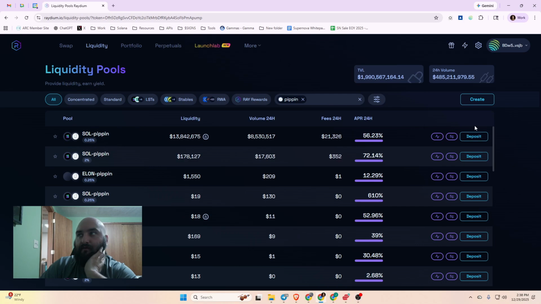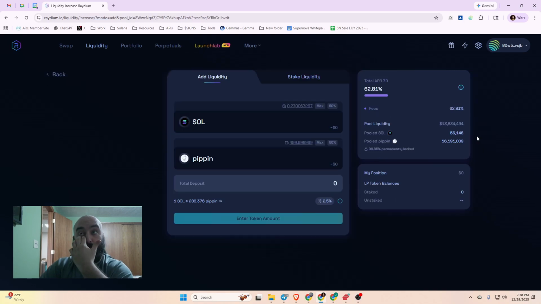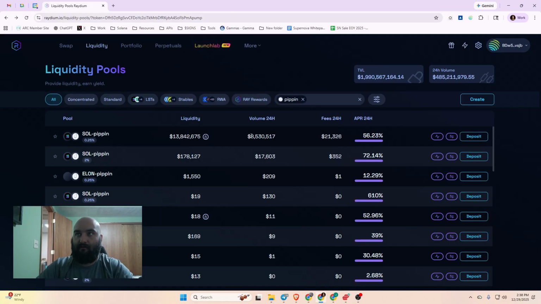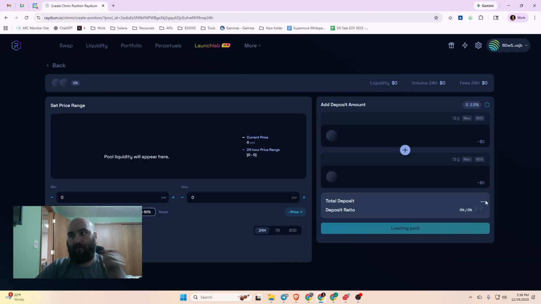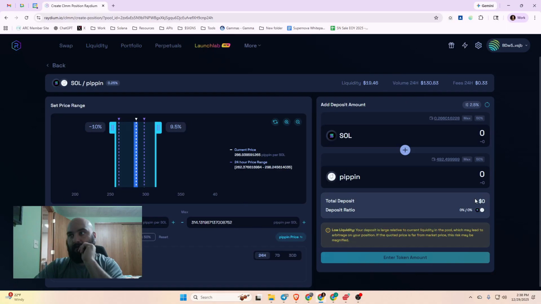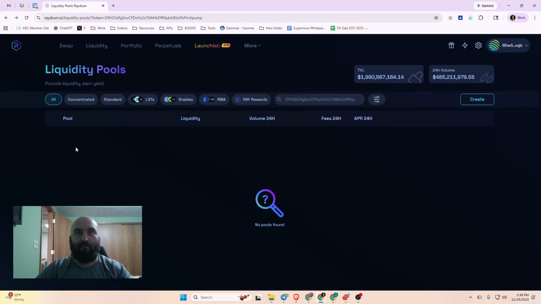I think we're going to use that same setup at 0.25%. Oh, that's a full range. Never mind. It's very low liquidity, but we're going to do that anyways. It's large relative to the liquidity pool, which may lead to arbitrage in your position. Yeah, we'll use this 2%.